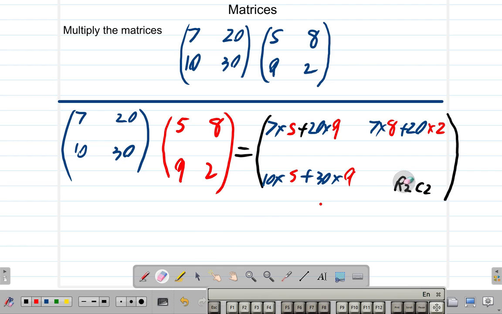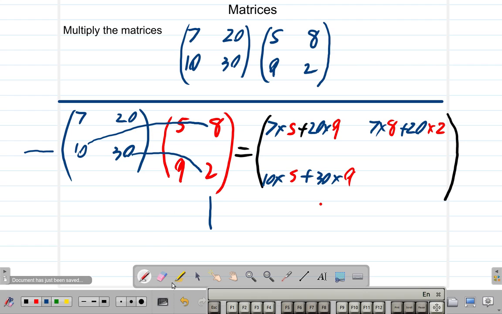Same argument applies with row 2 and column 2. Multiply. It's row 2 now. Row 2 by column 2. The first element in row 2 is 10 times the first element in column 2 is 8. It's 10 by 8 plus second element in row 2, 30 times the second element in column 2, 2.